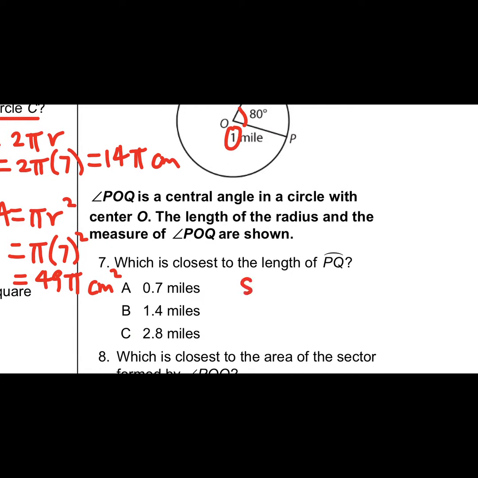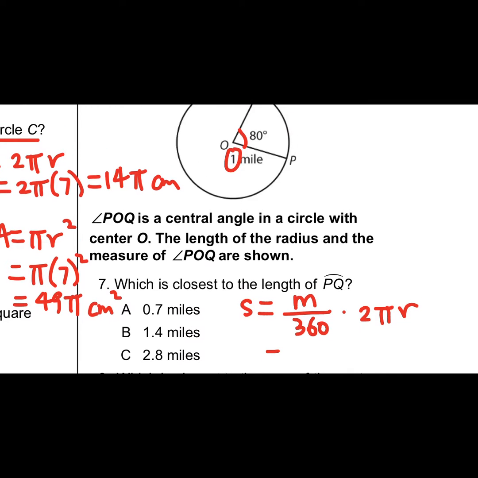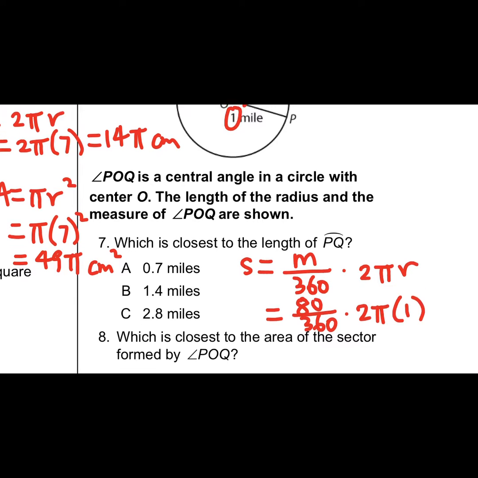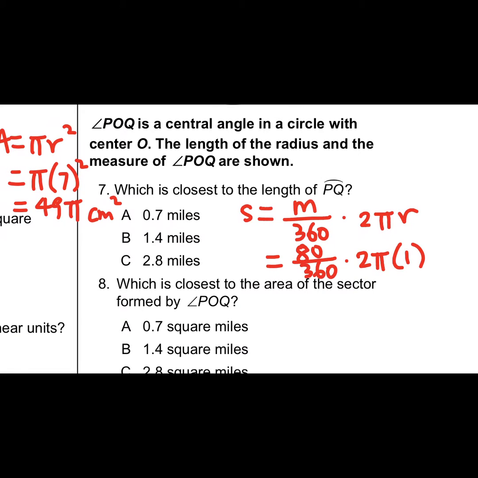So we know that arc length S is given by the formula, the measure of the angle divided by 360 times the circumference, which is 2 pi r. So in this case, the angle measure is given by 80 degrees. So 80 over 360 times 2 pi times the radius, which is 1 mile from the problem.